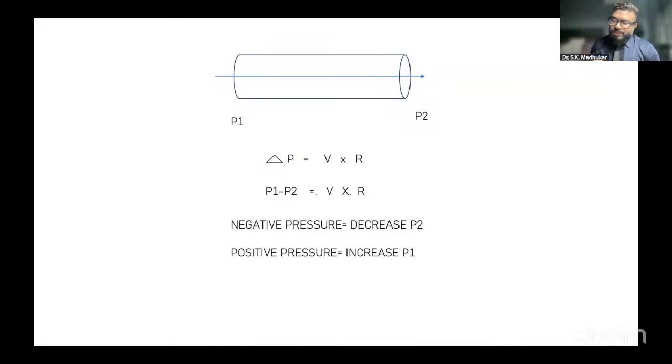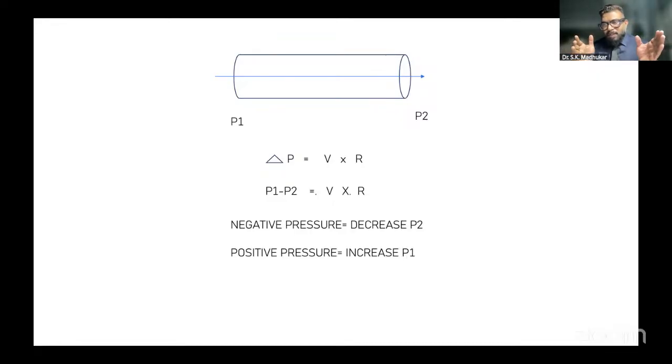And it says that for air to flow through, we need two things: a pressure gradient has to be created, and this air should overcome the resistance of the tube.